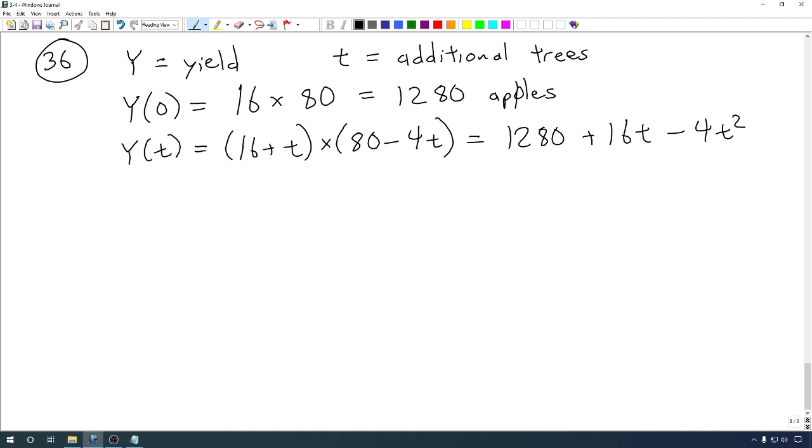We could have maybe increased our yield by actually having fewer trees, but having those trees actually produce more apples. We could go all the way down to having no trees. We can't go negative. We definitely can't have negative trees. So we'll go down as low as 0. Well, not 0, because t equals 0 says 16 trees. We're actually going to go down potentially to negative 16.